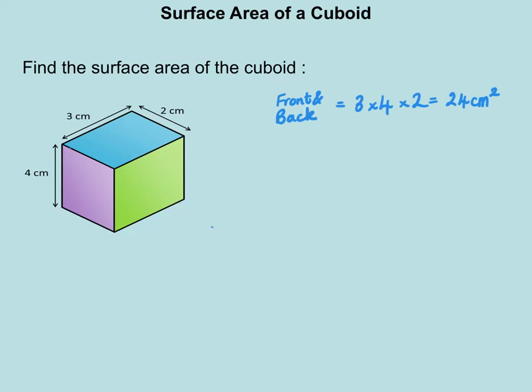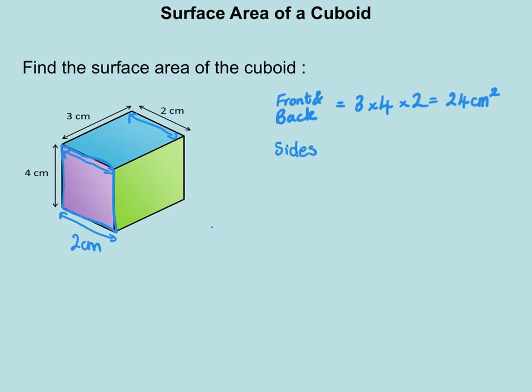Moving on to the purple face, this one here. We can see it's got a height of 4 there. How wide is it along here? It's got the same width as this bit, and then as we keep going around, it's got the same width as that bit there. So that bit is 2 centimetres. So for the purple face, it's got 2 along the bottom and 4 up the side. That purple bit, I would call one of the sides.